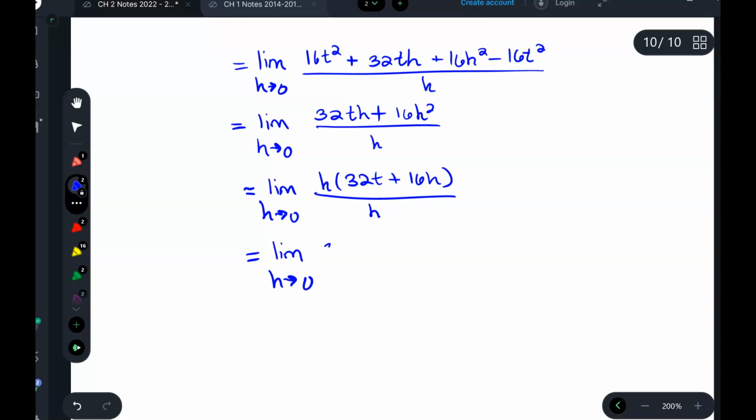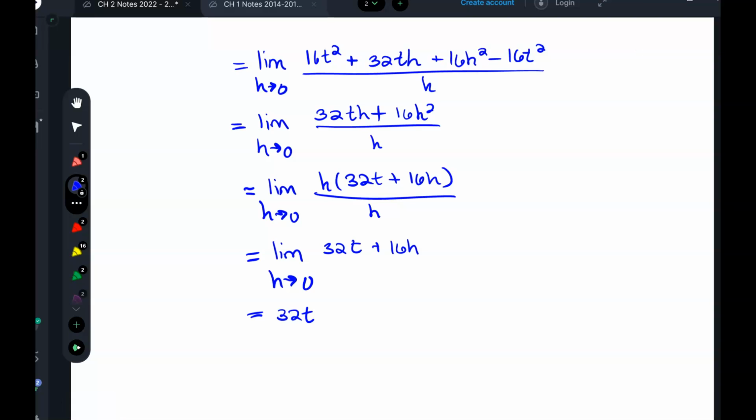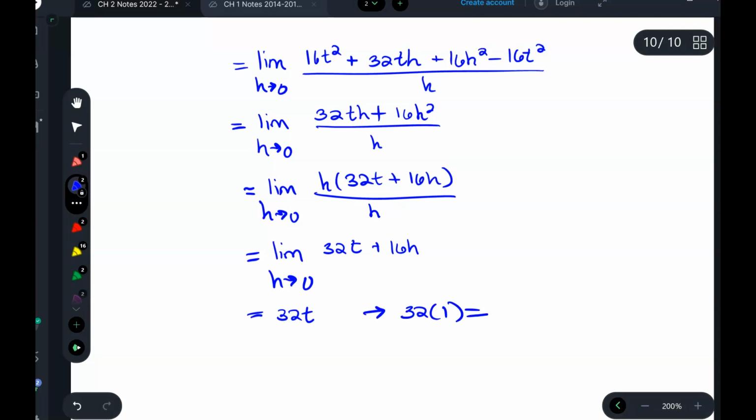I wrote out a lot of steps here. Oh, okay. What'd we get for the rate? 32. Okay, so this implies, right, 32 times 1. Okay.